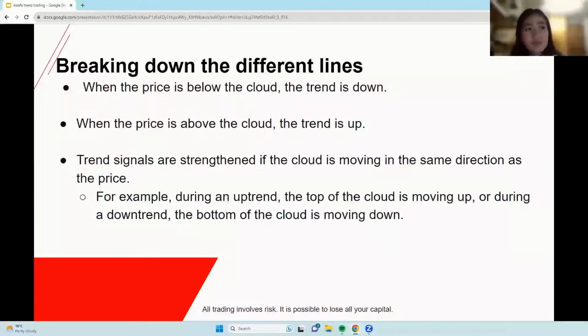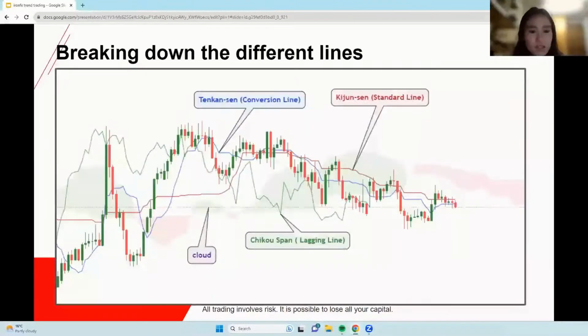So the top of the cloud, the bottom of the cloud, these both have names as well. So you can see over here. So we have the Tenkan-sen, which is the conversion line, which is the average of the highest high and the lowest low over 9 periods. The Kijun-sen, or the standard line or baseline, is the average of the highest high and the lowest low over the past 26 periods.